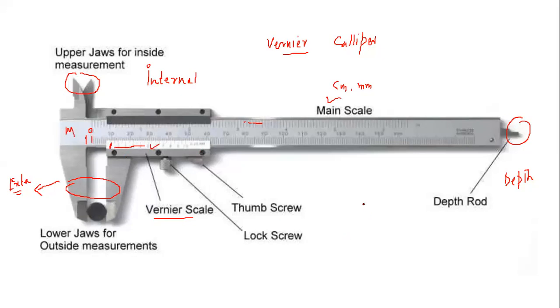If both zeros are parallel, they are equal, so we can say there is no error.